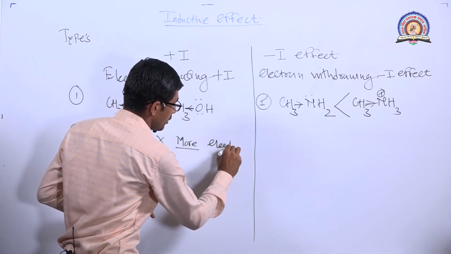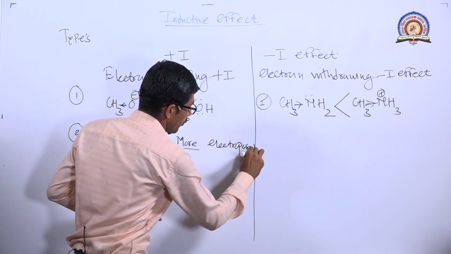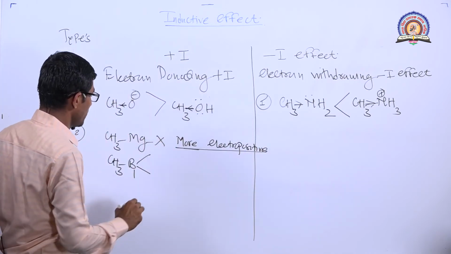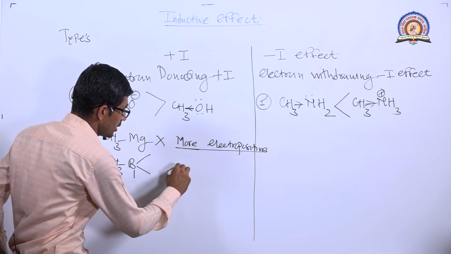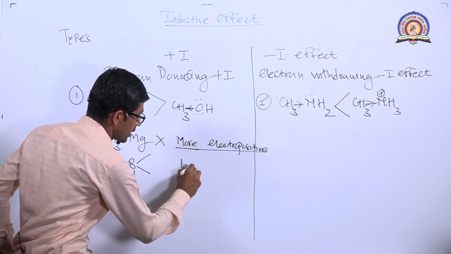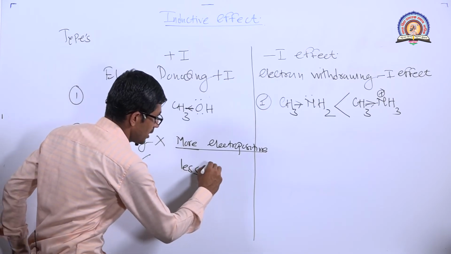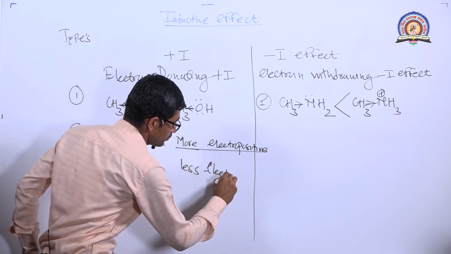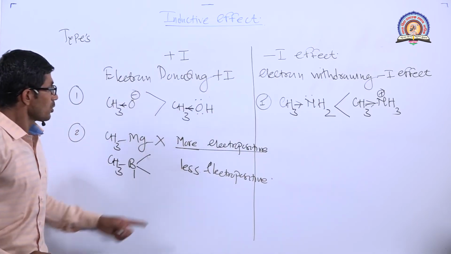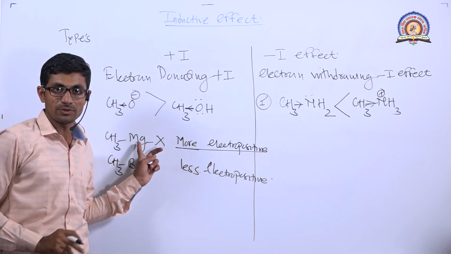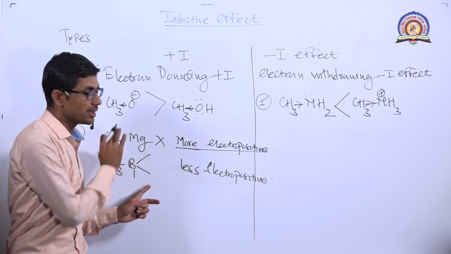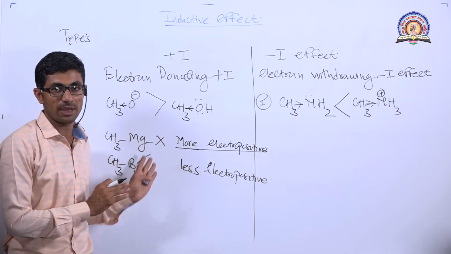While boron is electronegative, so less electropositive as compared to magnesium. So this is a more electropositive atom, magnesium, which is attached to carbon. Here boron is less electropositive when you compare between magnesium and boron.